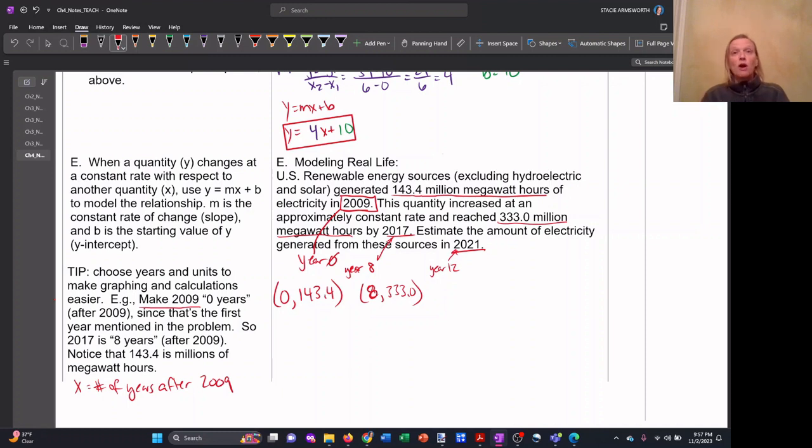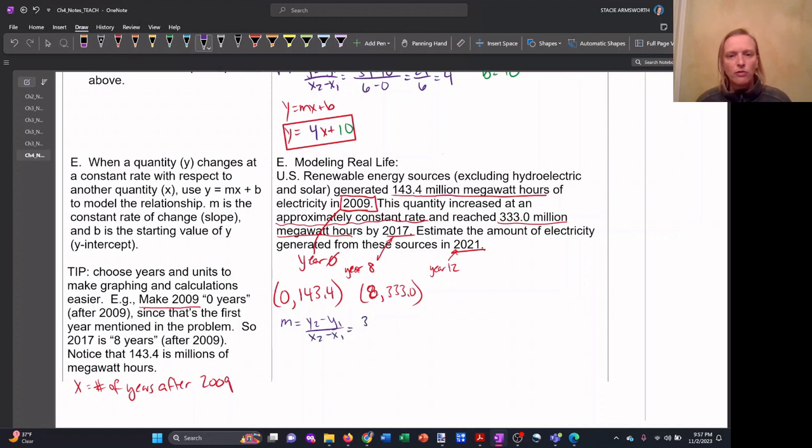So this word problem has really given me 2 points on a line. I know it's a line because the problem tells me that it's increasing at an approximately constant rate. So I can use these 2 points to determine the equation for the line the exact same way we did with the problems earlier. We can calculate the slope by doing y2 minus y1 over x2 minus x1.